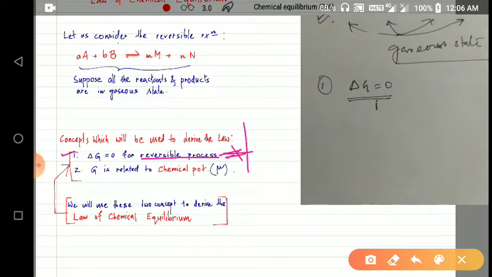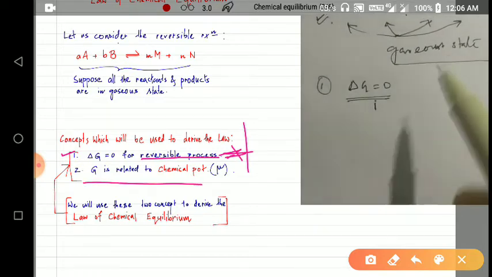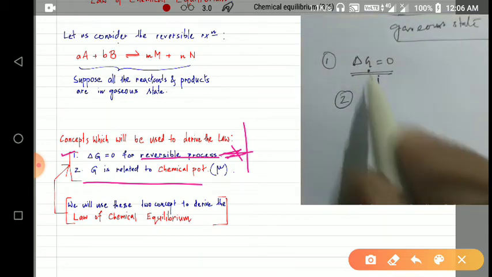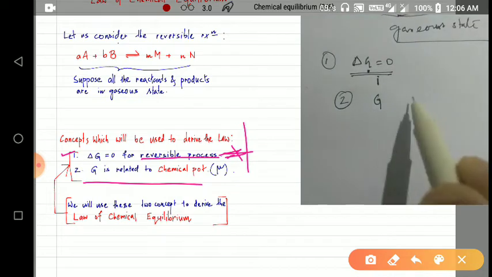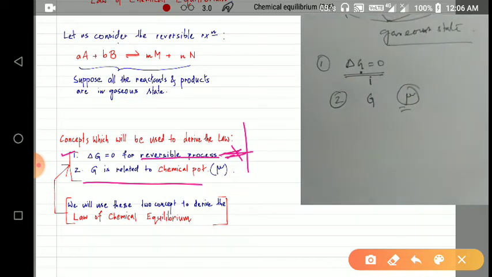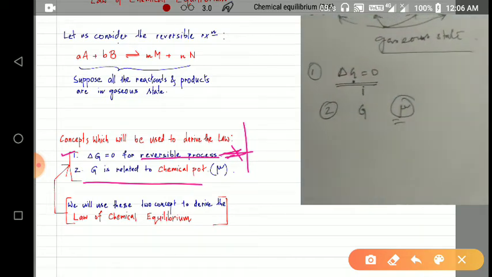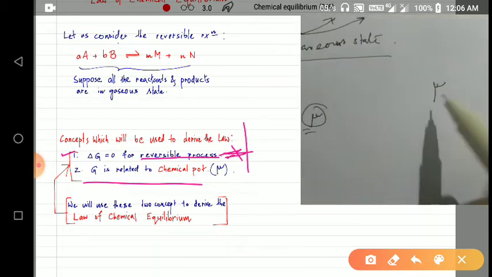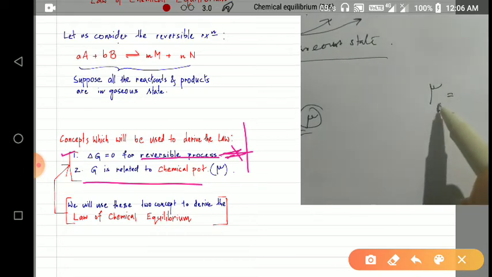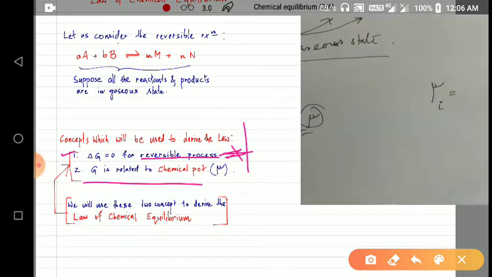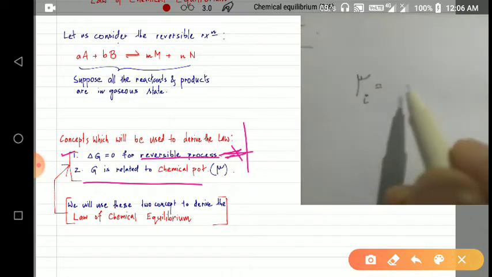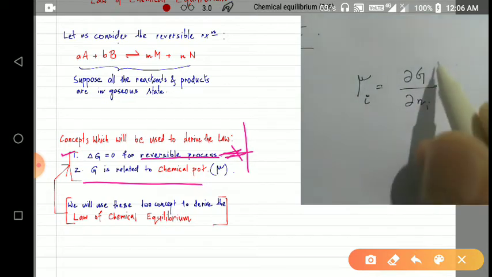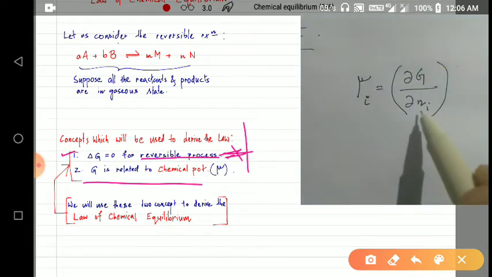And number 2 is that Gibbs free energy is related to chemical potential. So what is chemical potential actually? Chemical potential is denoted by mu. For any component i, it is defined as the change of Gibbs free energy with the number of moles of that component i.